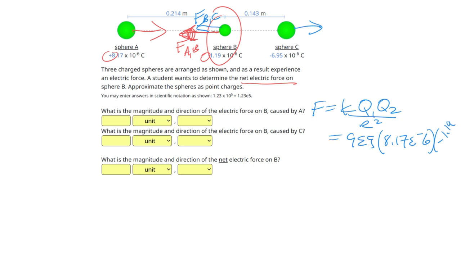All divided by the radius, 0.214 squared. Okay, I get that negative's not supposed to be there.